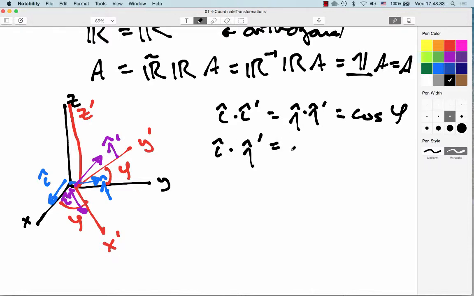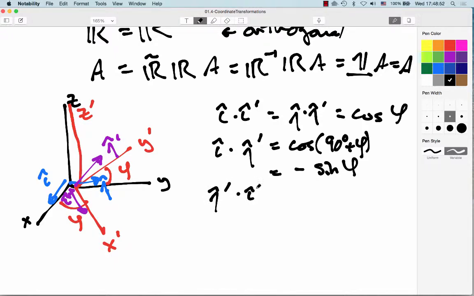So this would be equal to the cosine of 90 degrees plus phi. And if we remember our trig identities really well, that's the same thing as minus the sine of phi. And by the same token, to get j hat dot i prime, well, here's my i prime, there's my j hat.